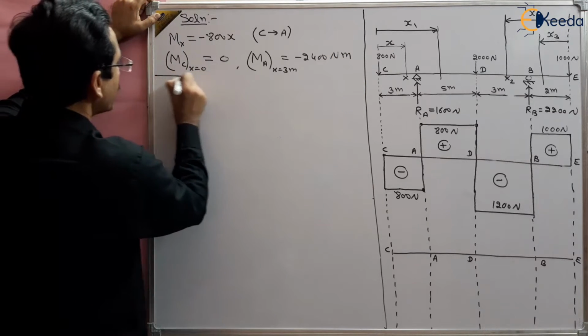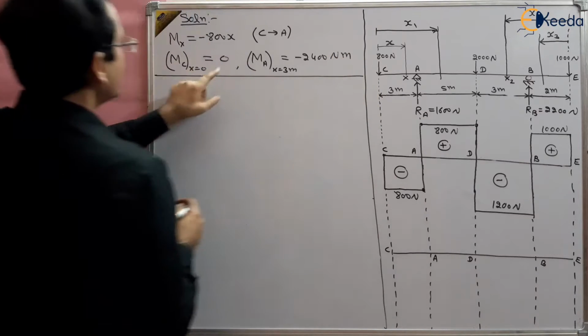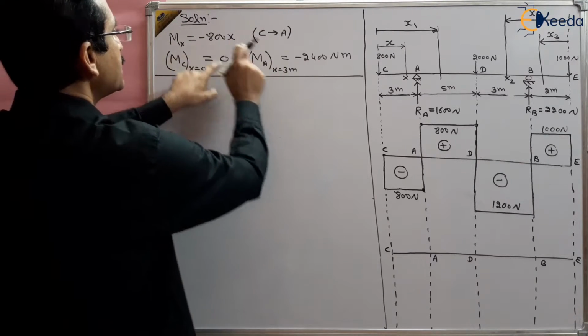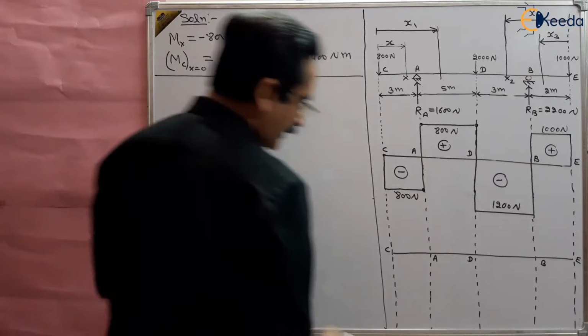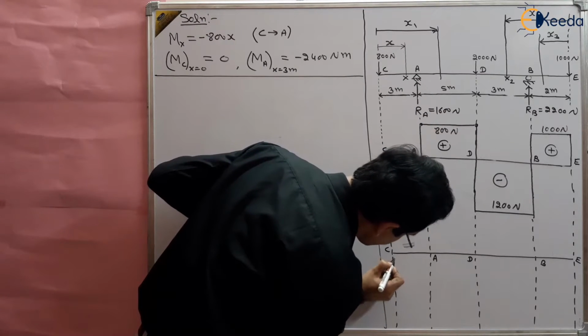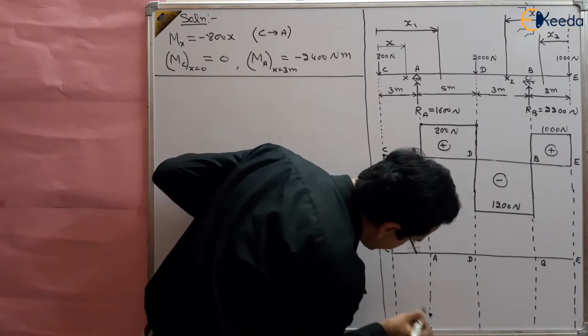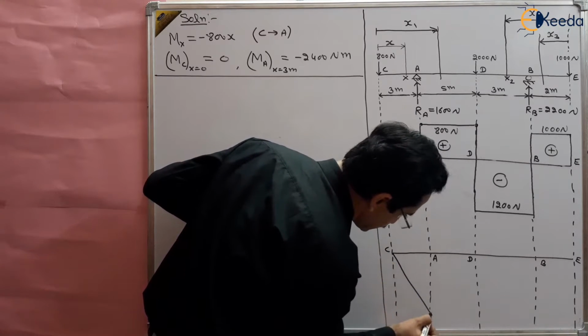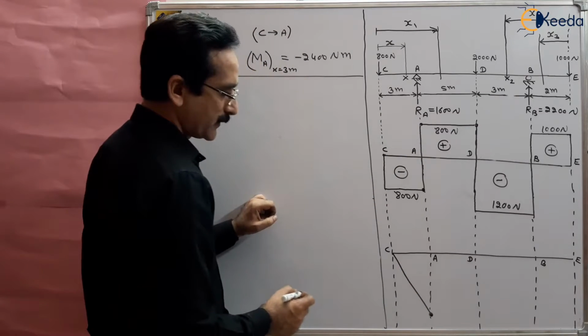So this is the one part. 0 to minus 2400 with a linear variation. Suppose this is minus 2400. From 0 to minus 2400, like this, right? Straight line.